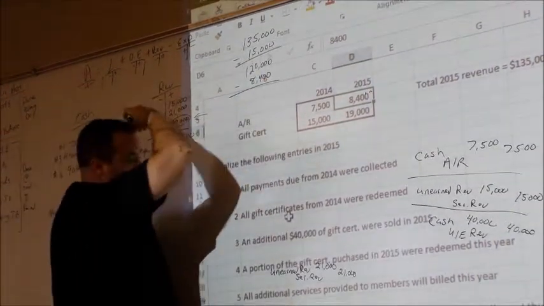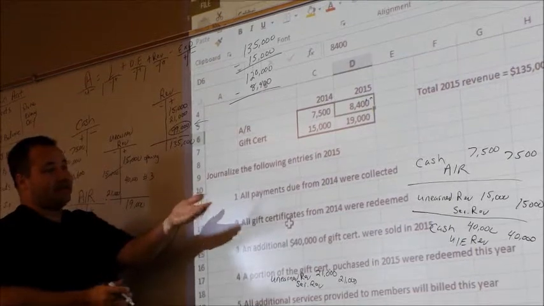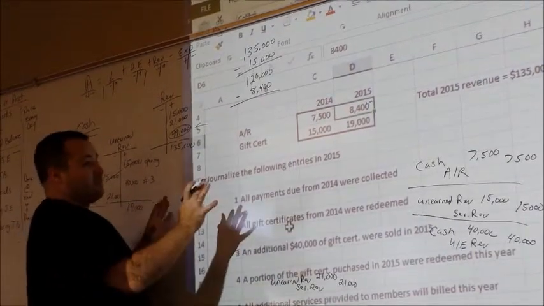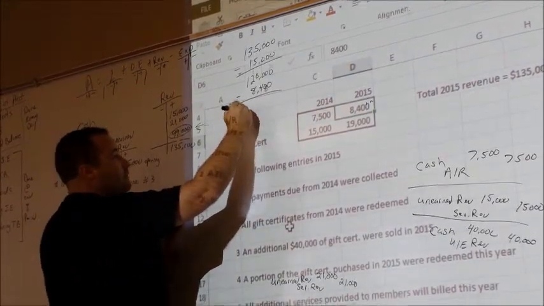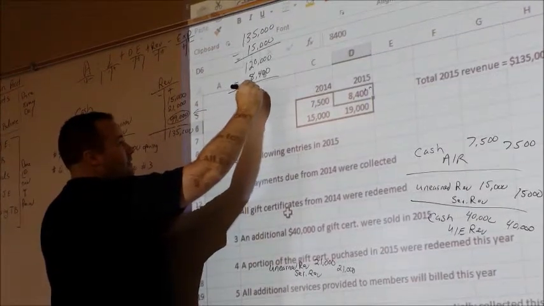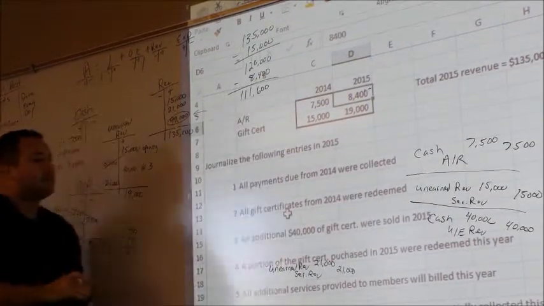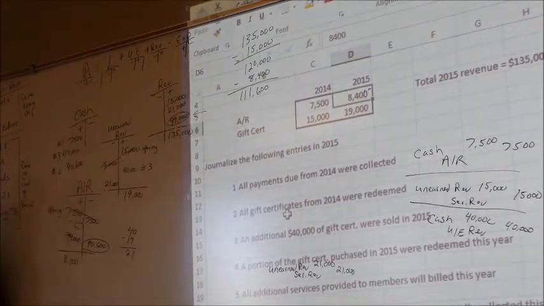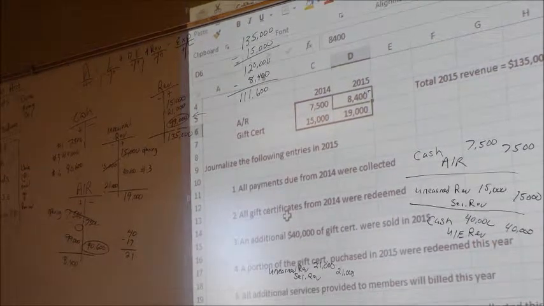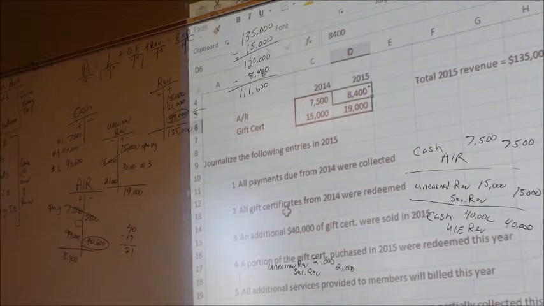If you wanted to know how much cash you actually brought in, because that's the most important thing, it's 111,600. I actually got cash this year. Just looking at things a little differently.